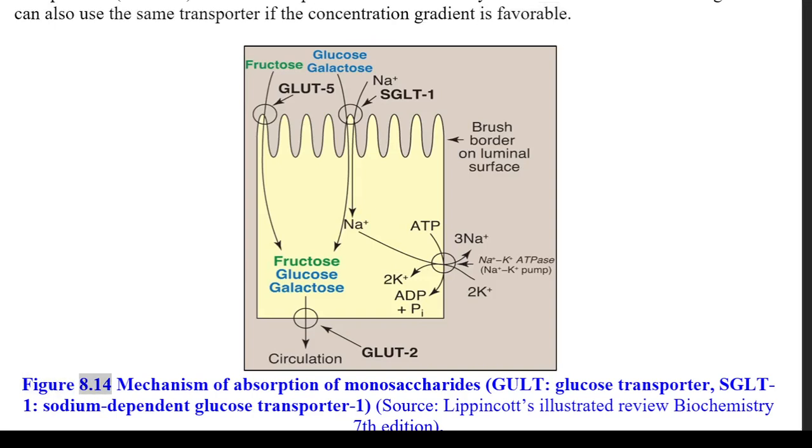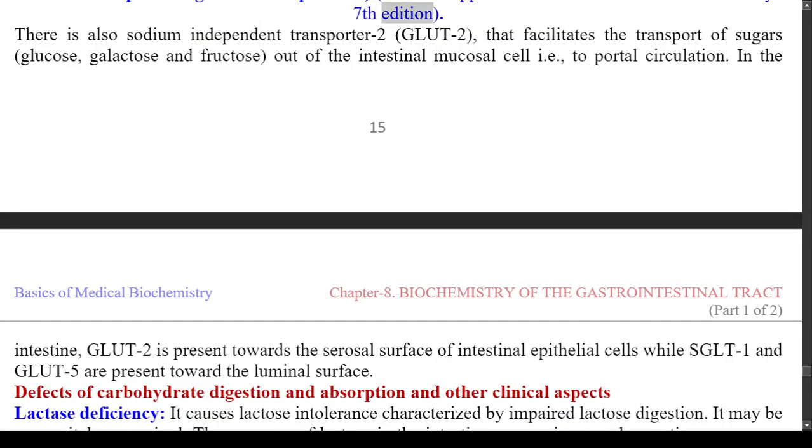Figure 8.14 Mechanism of absorption of monosaccharides. GLUT, glucose transporter; SGLT1, sodium-dependent glucose transporter 1. Source: Lippincott's Illustrated Review Biochemistry, 7th edition. There is also sodium-independent transporter 2, GLUT2, that facilitates the transport of sugars, glucose, galactose, and fructose, out of the intestinal mucosal cell, i.e., to portal circulation.